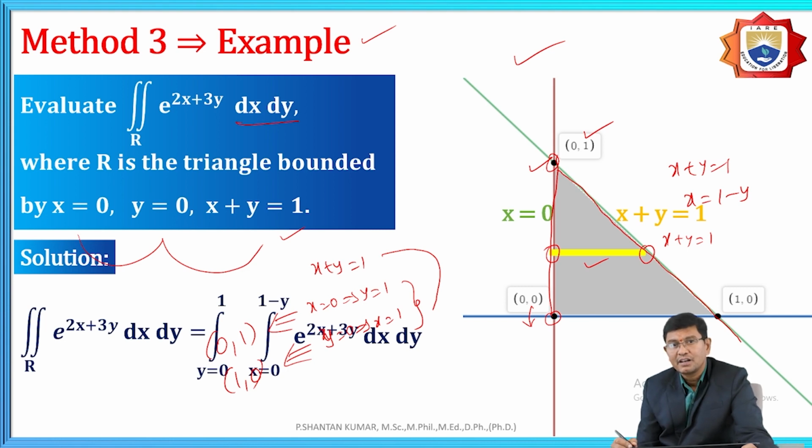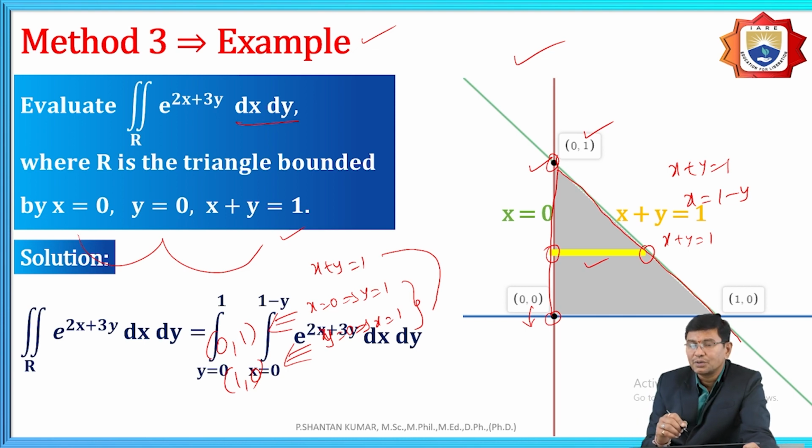But here, I took parallel to x-axis. The inner is the left side, x is equal to 0. The outer is the curve x plus y is equal to 1. From that, x is equal to 1 minus y is the upper limit. The y limits are inside 0, and outside 1.